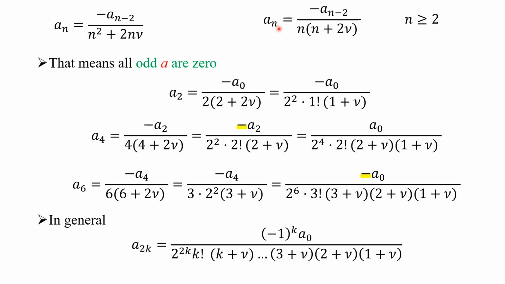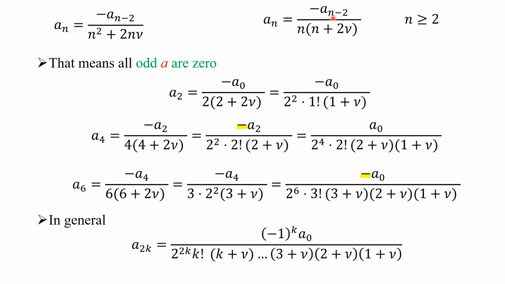Let us take, because the minimum value of n is 2, an odd value n equal to 3. Then the right hand side numerator becomes 3 minus 2, which is 1, so a1 is already 0, so naturally a3 is also 0. Now you take a5.